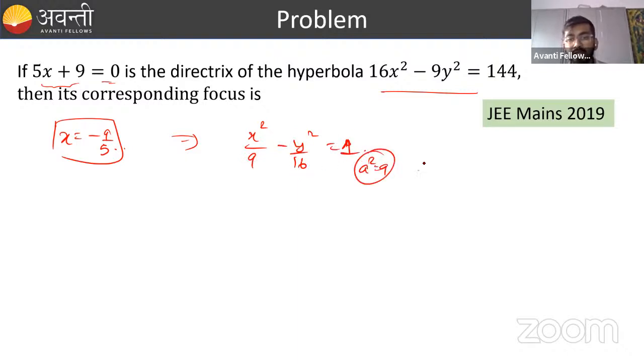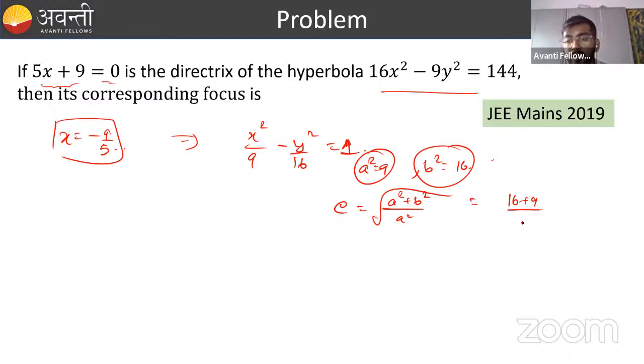Here a square is 9 and b square is 16. So the eccentricity of the hyperbola is under root of (a square plus b square) upon a square, right? So this comes out to be 16 plus 9 upon 9, so the eccentricity comes out to be 5 by 3.